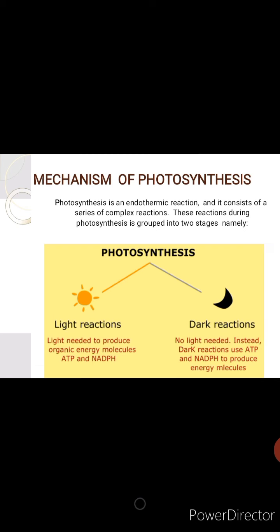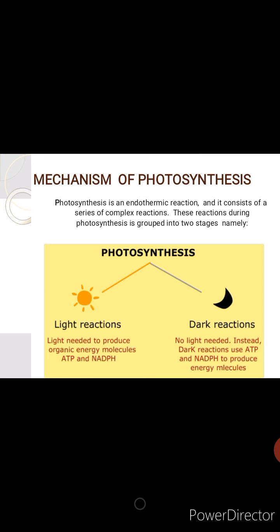Mechanisms of photosynthesis. Photosynthesis is an endothermic reaction and it consists of a series of complex reactions. These reactions are grouped into two stages, namely the light reaction stage, which takes place in the presence of sunlight or solar energy, and the dark reaction stage, which occurs in the absence of sunlight. In the light reaction stage, light is needed to produce organic energy molecules ATP and NADPH.